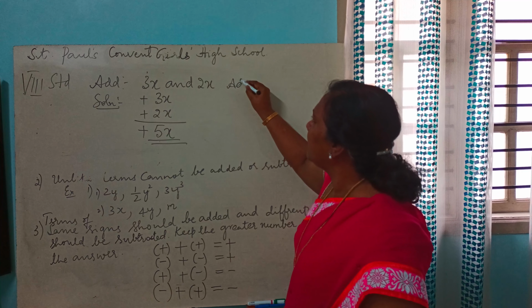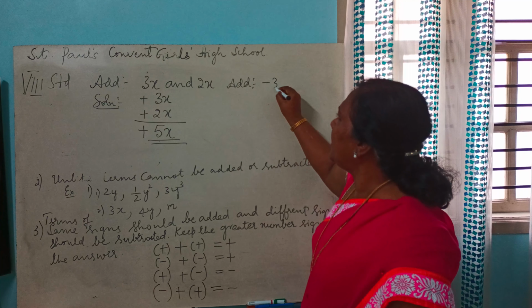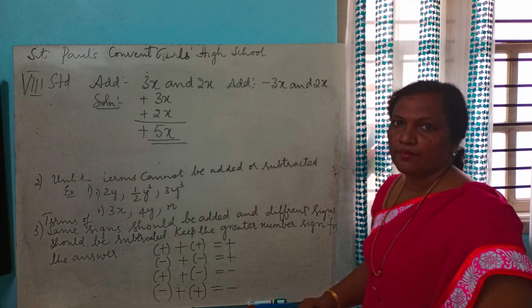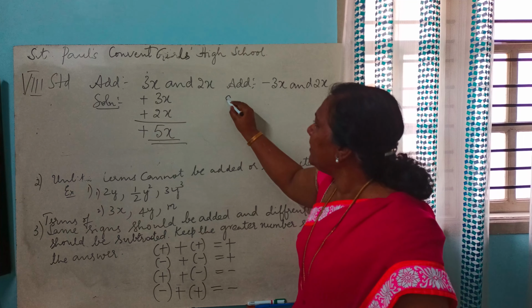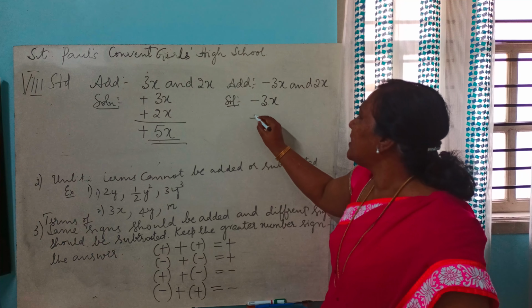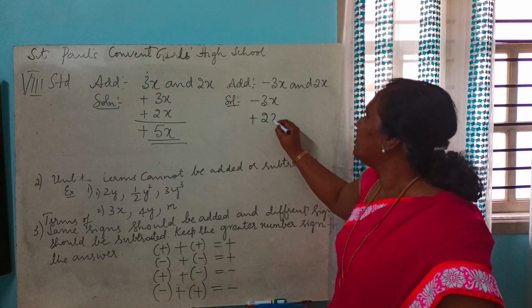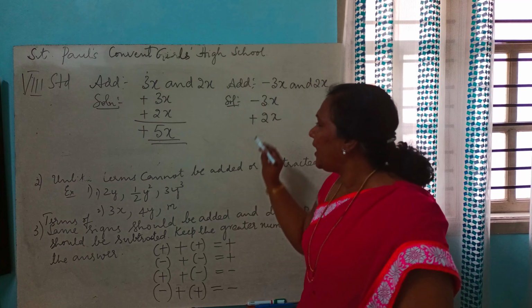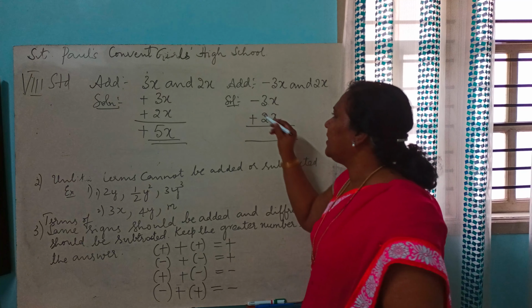See, add minus 3x and 2x. So you will write solution, minus 3x. What's the second term? It is 2x. If just a number is given, it is understood as a plus sign. Before adding, you should see what sign they have.